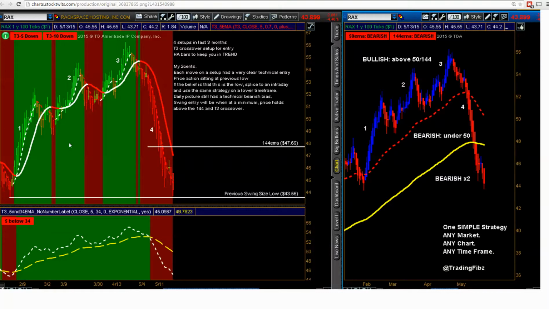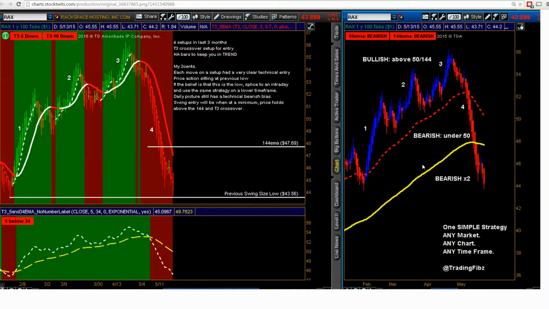I'm looking for this thing to turn around just like you saw here. A simple strategy, a 5-34 EMA and a T3 and a T3-10 crossover, with the highest probability to put me into the upside. I also use a 50 and a 144 EMA to show where the bulls and the bears are in a particular market or equity. And you can see here this nice run up matched exactly price action above the 50, above the 144 until it broke downside.